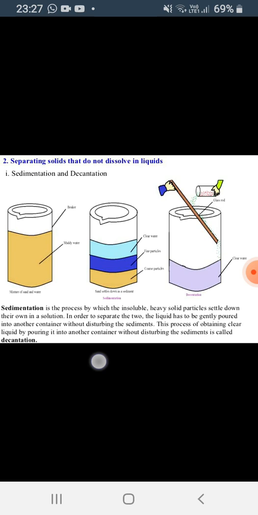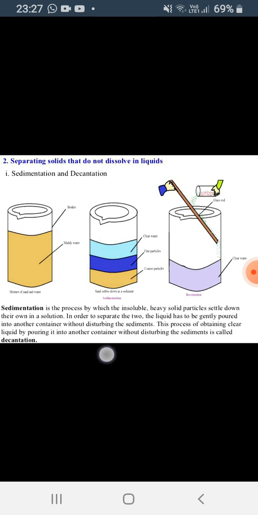After some time, if you take muddy water, you will observe the mud is settled at the bottom of the beaker. So, sedimentation and decantation are the methods for separating the solids that are not soluble in liquid.